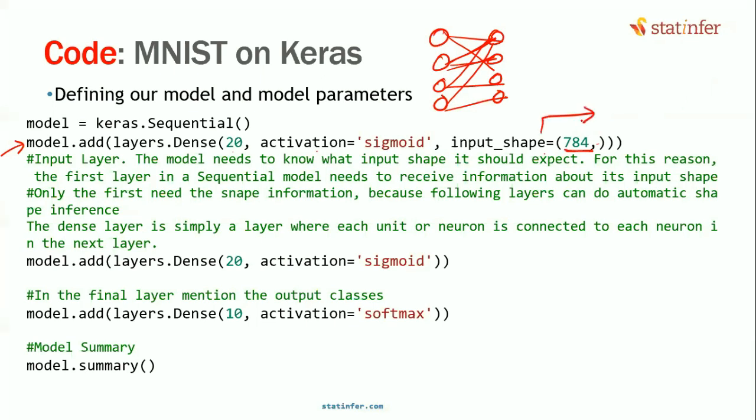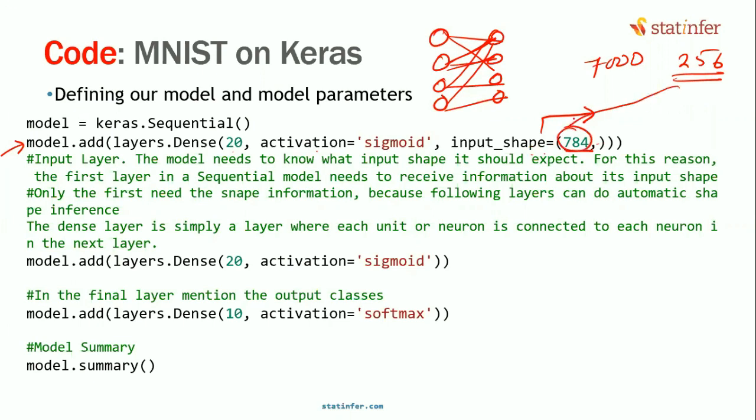If we were solving our previous problem, what will be our input shape? Can you write that in the chat window? If we were solving our previous data set, which has 7,000 rows and 256 nodes, how do I mention it here? I'll be mentioning input shape equal to 256 in place of 784.